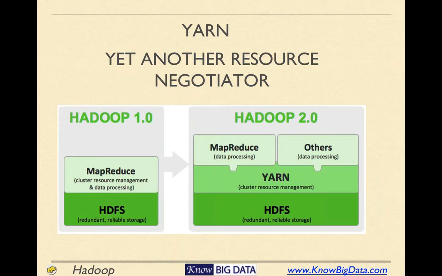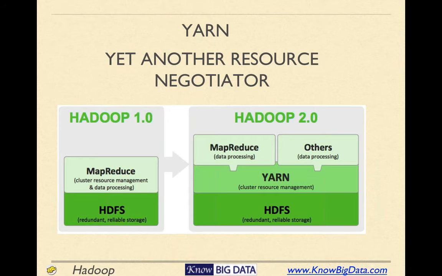And that's where people from Yahoo decided to break it down into two parts. One was called pure MapReduce, and the other was called Yarn.